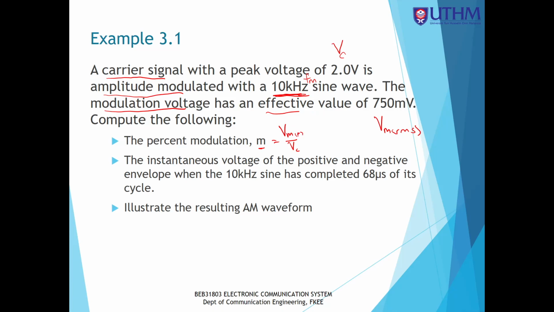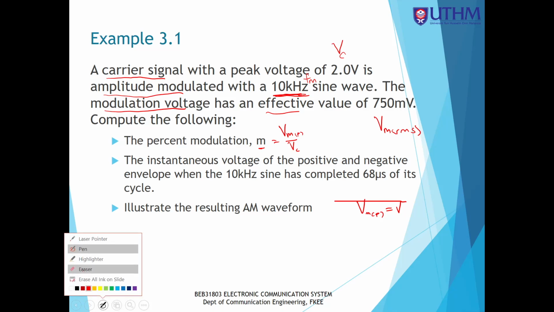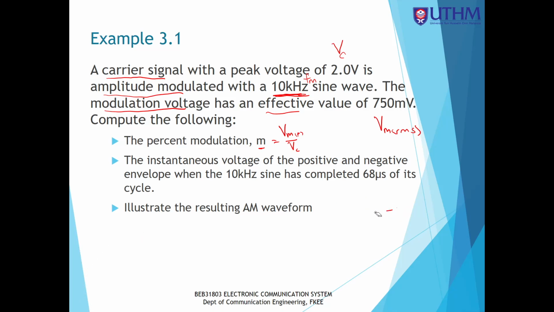Remember, Vrms is equal to Vm peak value divided by square root of 2.